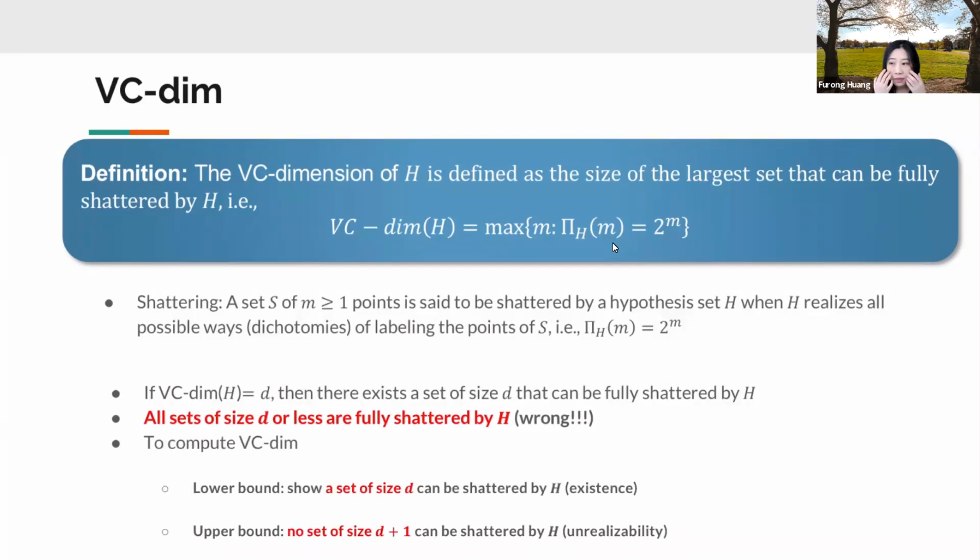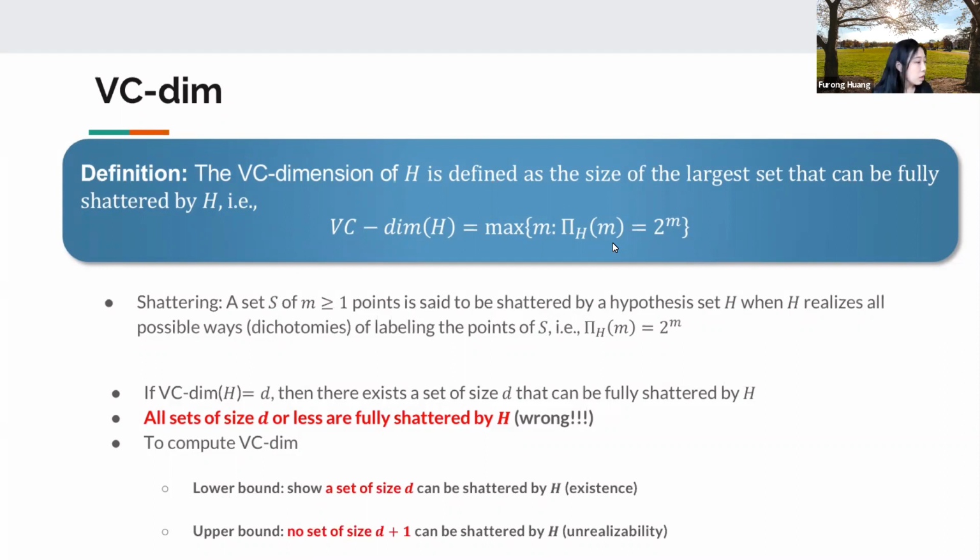However, because of this, we come up with a way to compute the VC dimension. We talked about a lower and upper bound. So what is a lower bound? For a lower bound of the VC dimension, you want to show that a set of size D can be shattered by H. As long as you show an existence, this is at least a lower bound of the VC dimension.